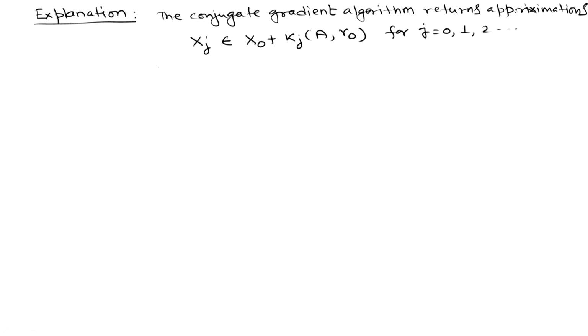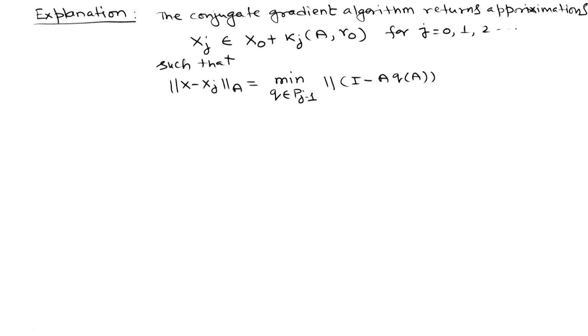such that the error in jth iteration with a norm A should be minimum over a vector q which is from a polynomial of degree j minus 1, I minus A q A into x minus x naught, where the norm A is defined as square root of x transpose A x for a given vector x.